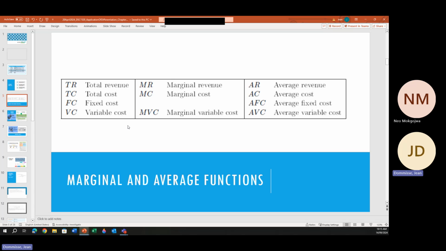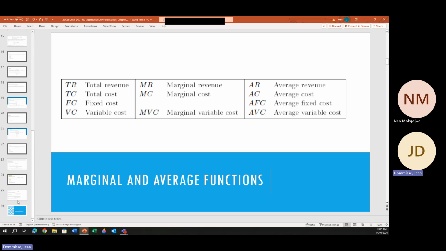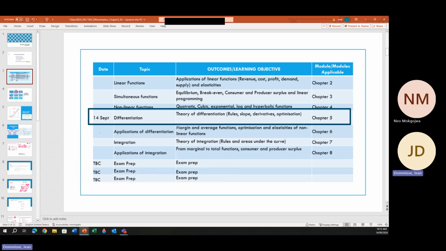We have now done one of those examples, but next week, because it is again quite a lot of slides to go through, we will definitely focus on the application of differentiation.